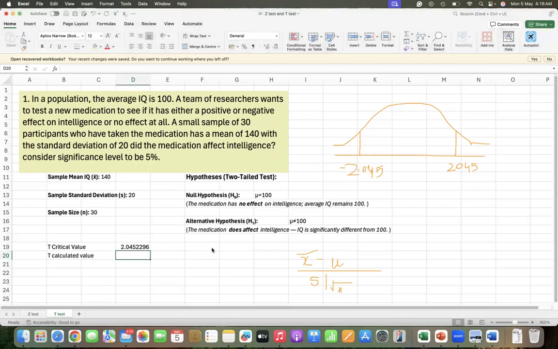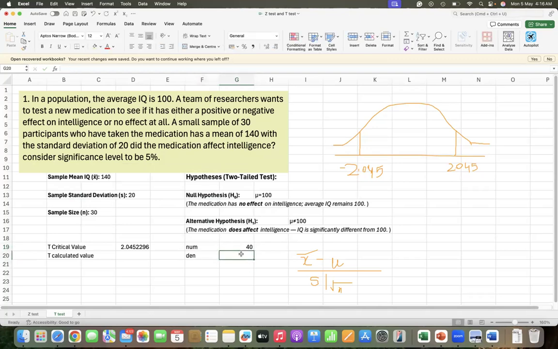Let us calculate the numerator. Numerator is equal to x bar, which is 140, the sample mean, minus mu, which is 100, the population mean. So this is the numerator.